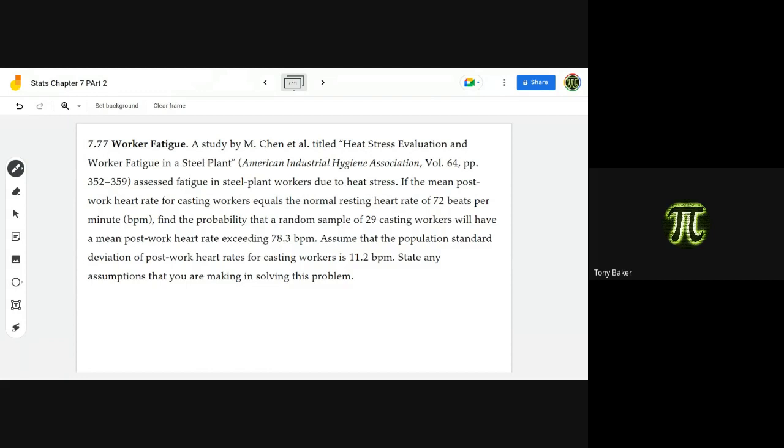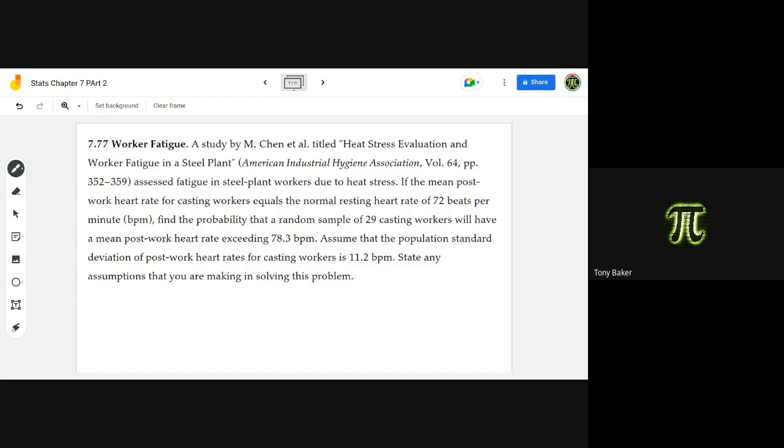All right. So random sample of 29 casting workers. What assumption are we going to have to make before we actually do this? All this work that we're doing is based on the what? A normal bell curve, right?